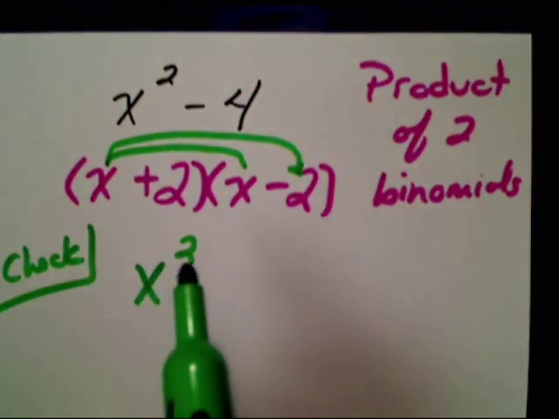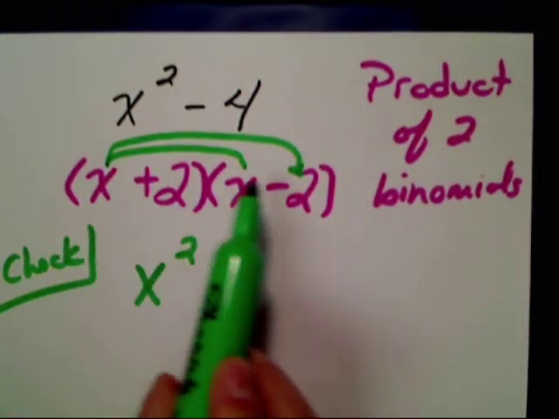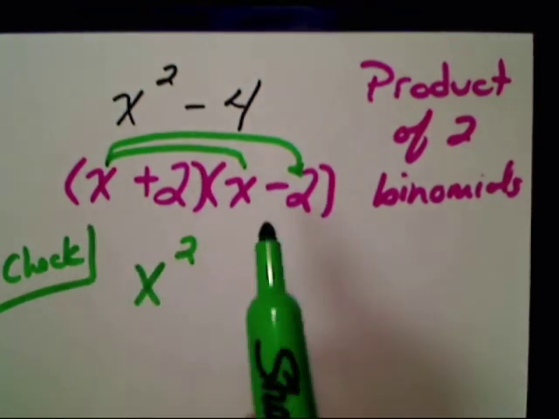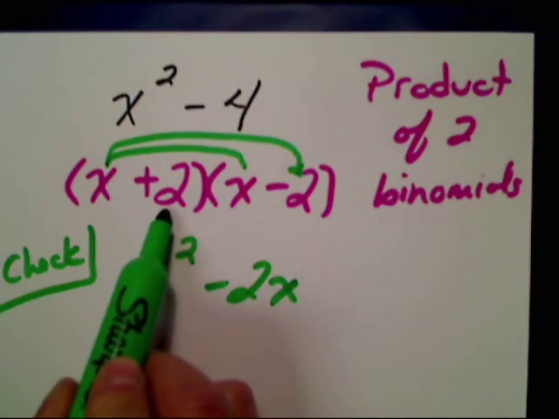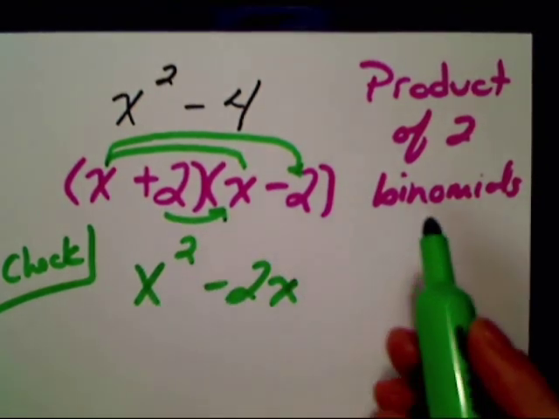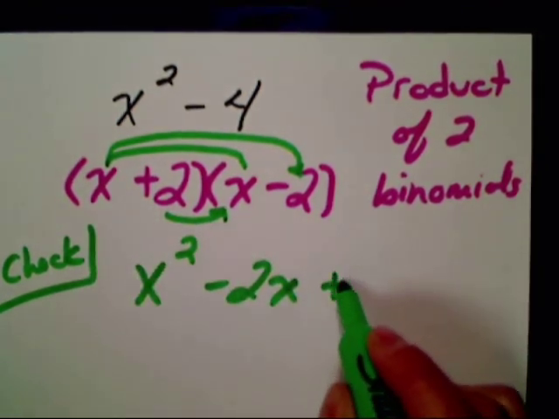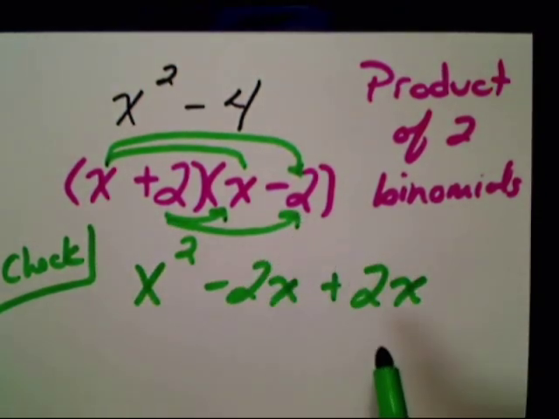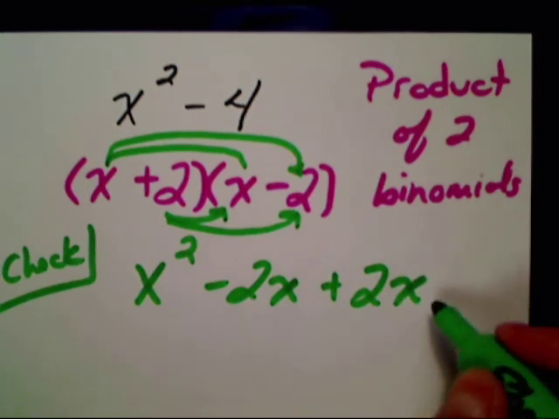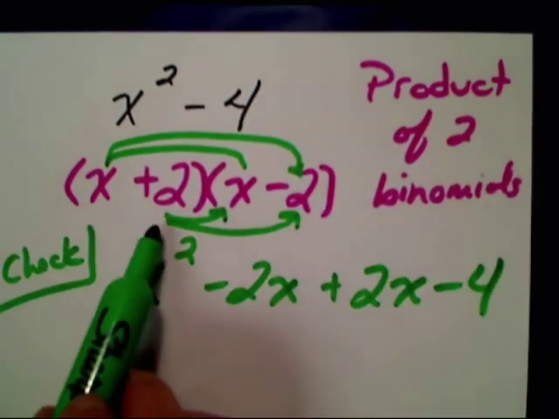So really the FOIL method is taking this x and distributing it through. X times the -2 is a -2x. Then you do the inside and you distribute the same way. 2 times x, it's a +2, so this makes it +2x. And a +2 times a -2 is a -4 for your last terms.